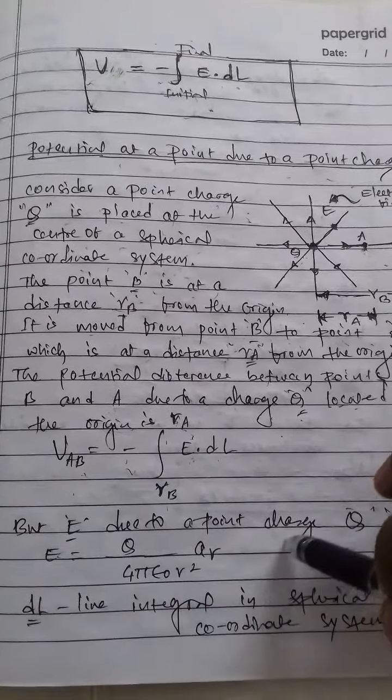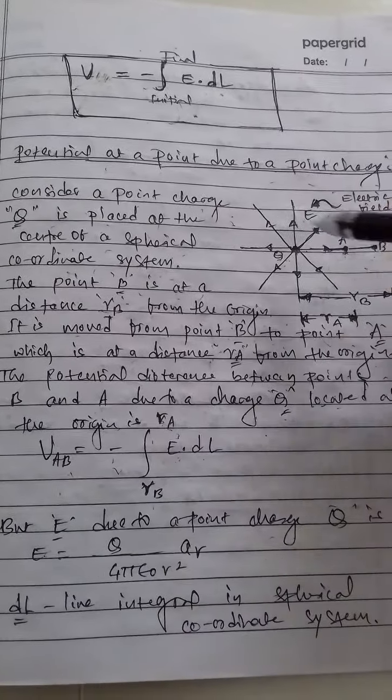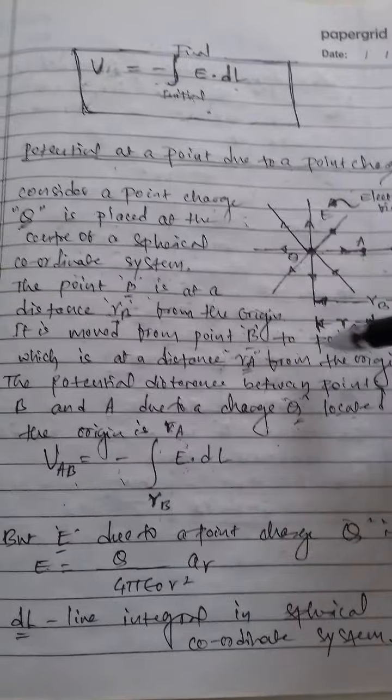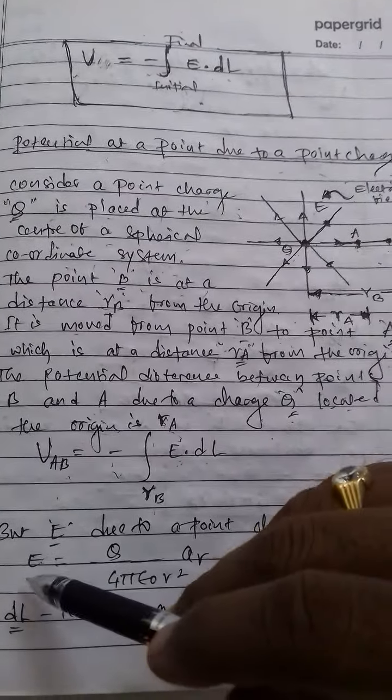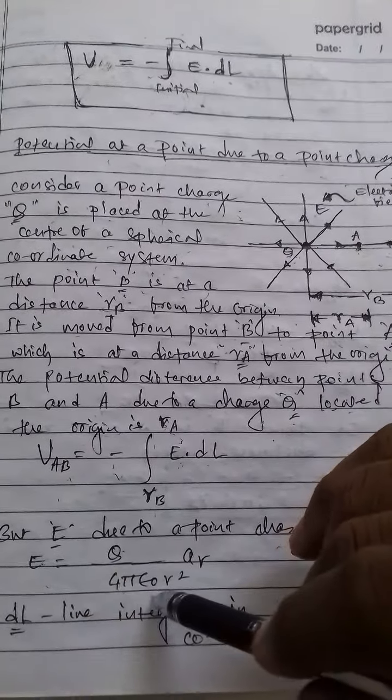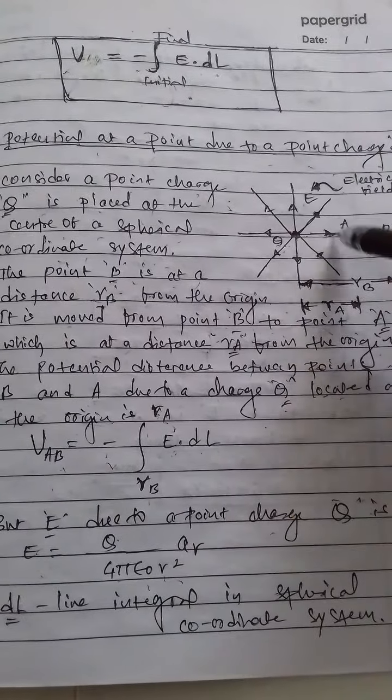But the electric field due to a point charge Q is E is equal to Q upon 4 pi epsilon naught R square.